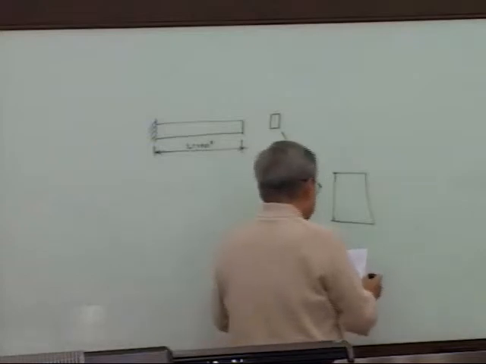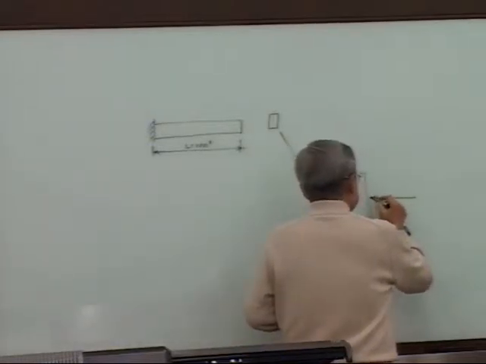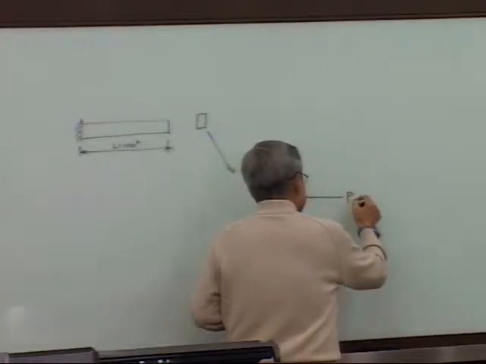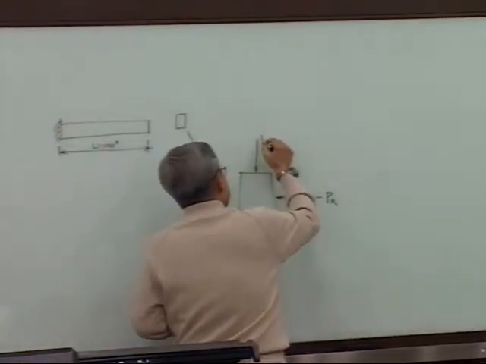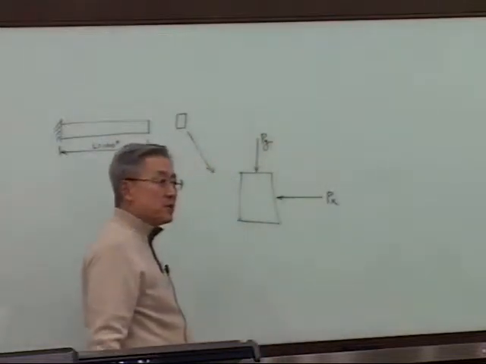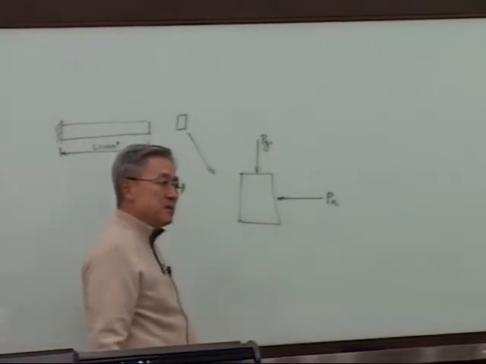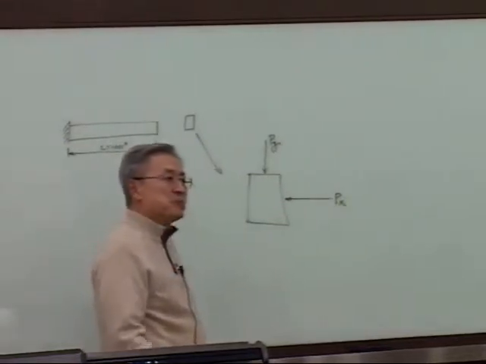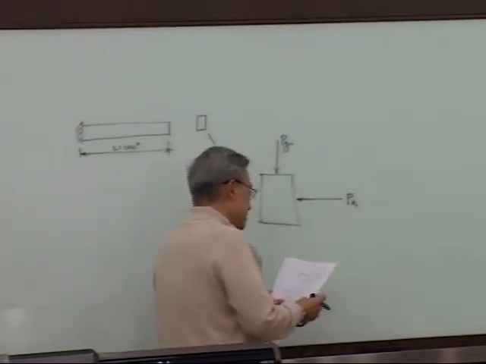So here is loading. This is Px and Py. So Px, Py assigned as random variables. That means you have to assign the statistical property.